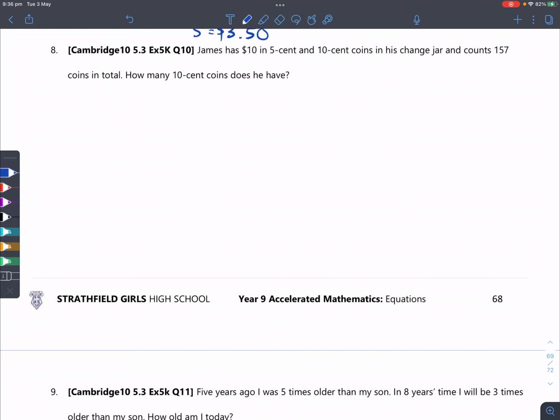What I'm going to do here is I will let x equal the number of 5-cent coins, whereas I'll let y equal the number of 10-cent coins.